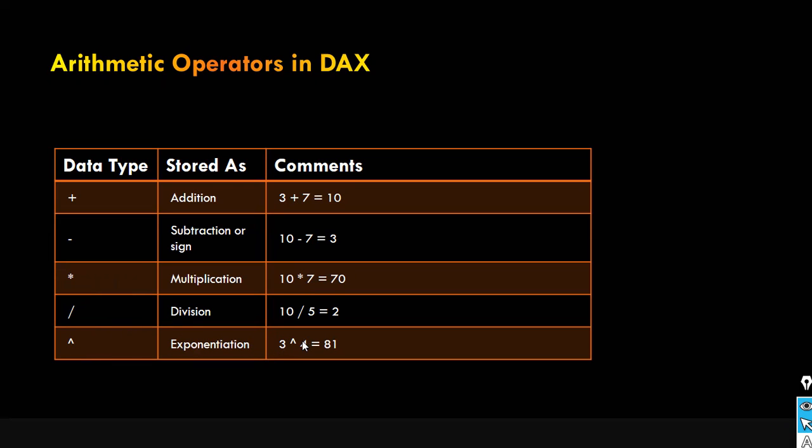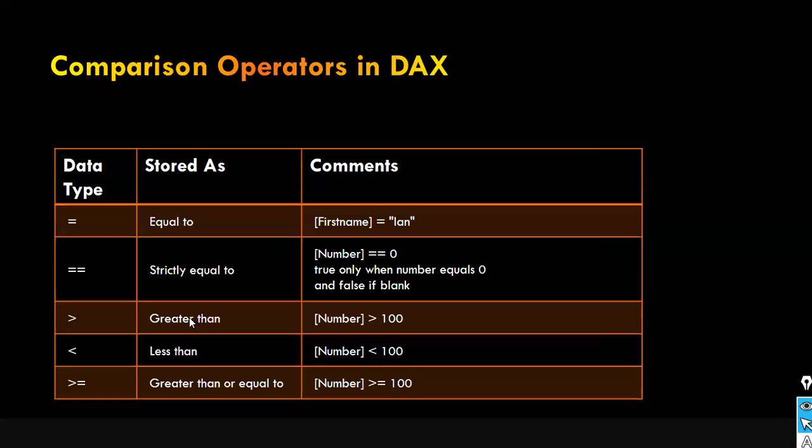For example, if you want to take 3 to the power 4, the caret symbol needs to be used. And comparison operators. For example, let's say I have a column called first name, and I want to check whether the value eon is there or not. First name equals sign eon. So in the first name eon is there, and here also eon, then it says true.